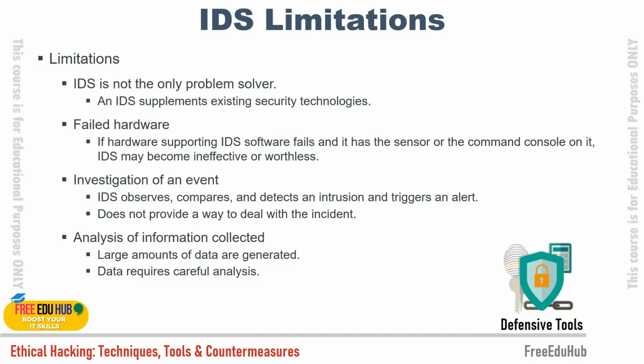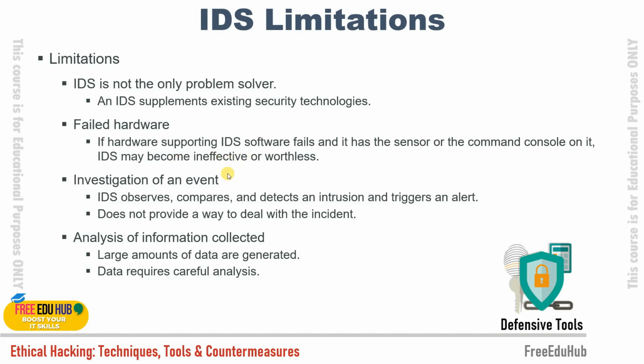Now, if we talk about IDS limitations, it is not only a problem solver. IDS supplements existing security technologies. Failed hardware, for example: if the hardware supporting the IDS software fails, which has the sensor and command console on it, the IDS may become ineffective or worthless.